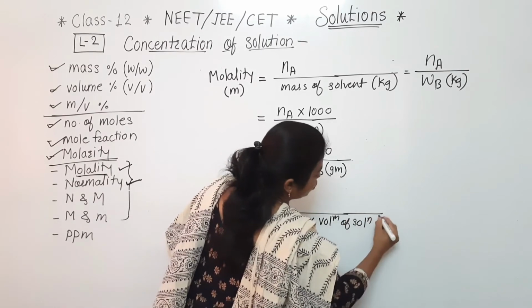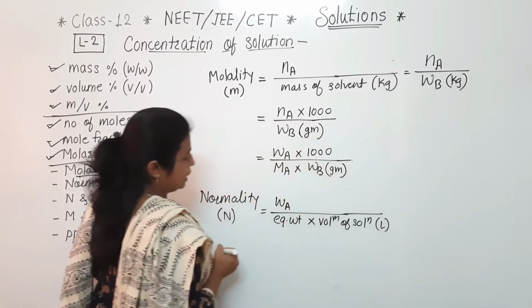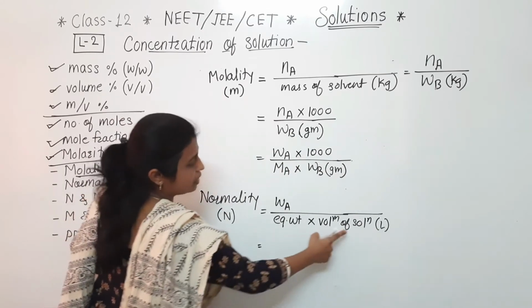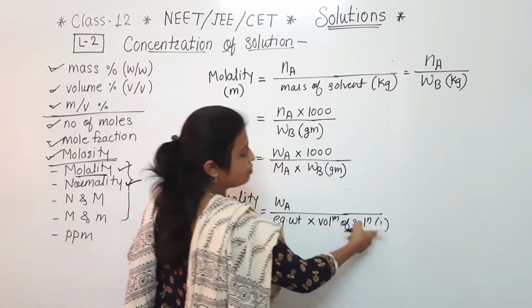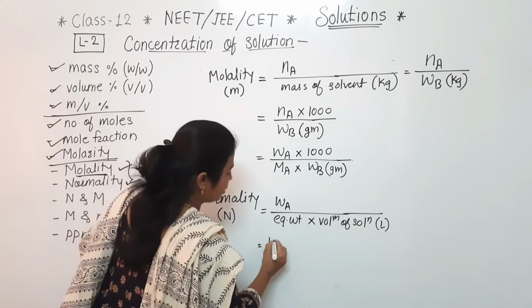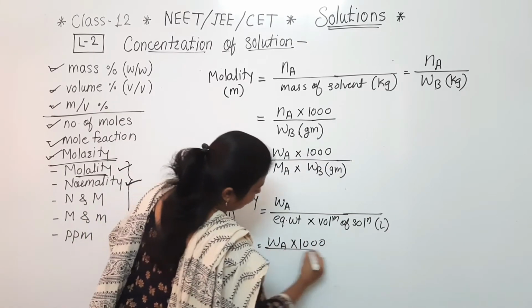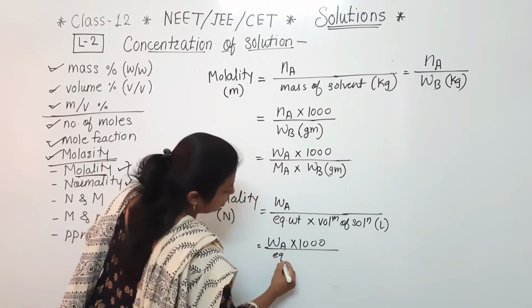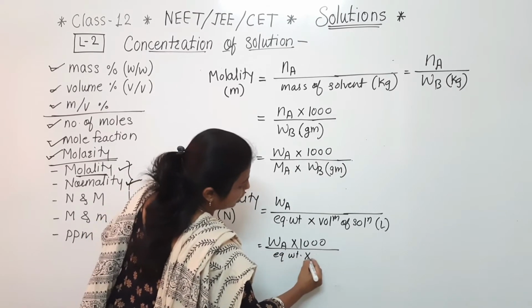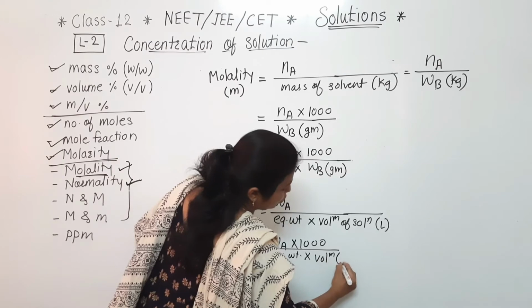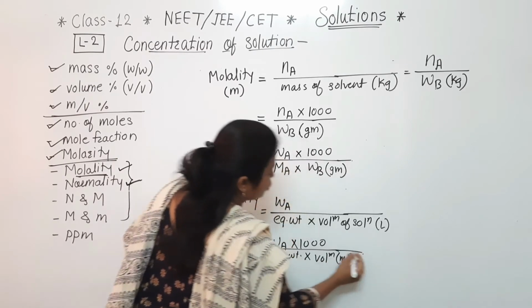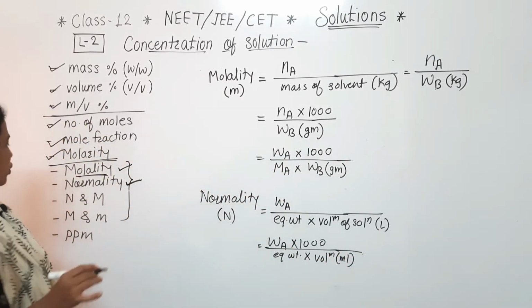Volume of solution is in liter. तो ऐसे करके अगर this volume of solution is given in ml, then we write the formula as WA into 1000 divided by equivalent weight of solute into volume of solution in ml. So this is the formula of the normality.